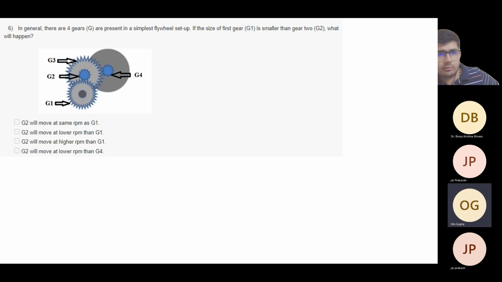Saying option 4 also: G2 will move at lower RPM than G4. Okay, anyone? G4 is linked with the flywheel.